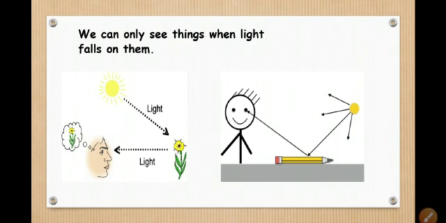Now here we can see things when light falls on them. Without light, we cannot see the objects. Here, for example, we can see the plants when the light falls on them, and you can see the pencil or other objects when the light falls on them.